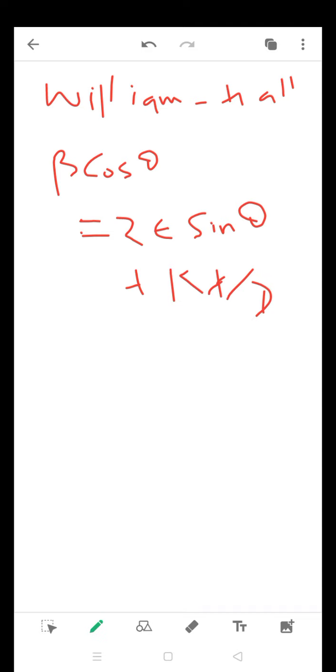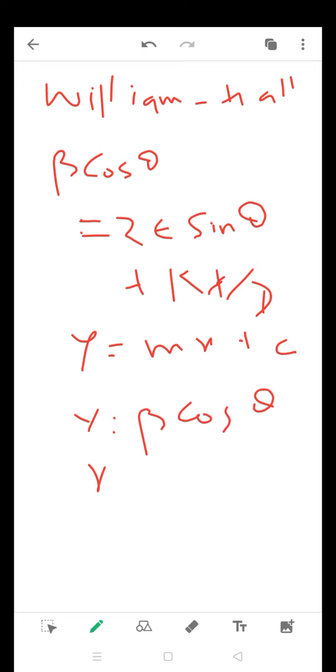This is the basic equation of the Williamson-Hall. So it can be compared with y equals mx plus c. So this y here is beta cos theta, and x stands for 2 sine theta.